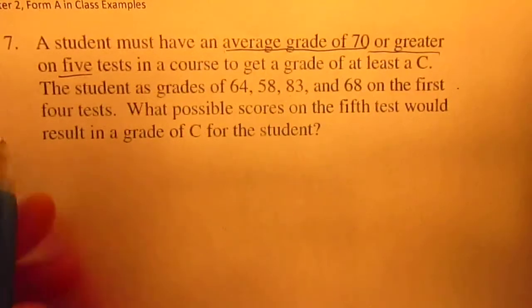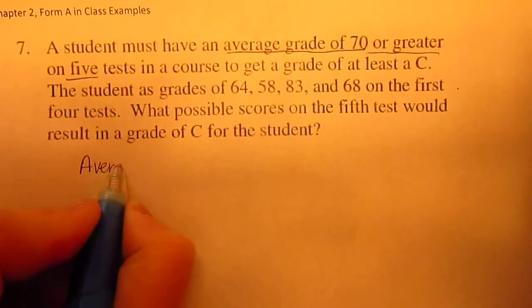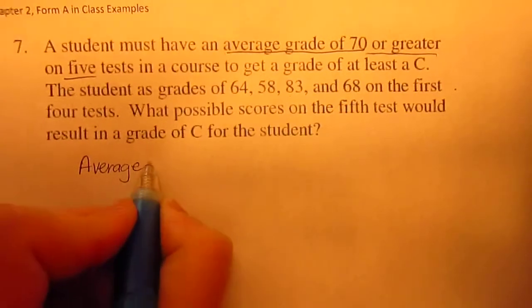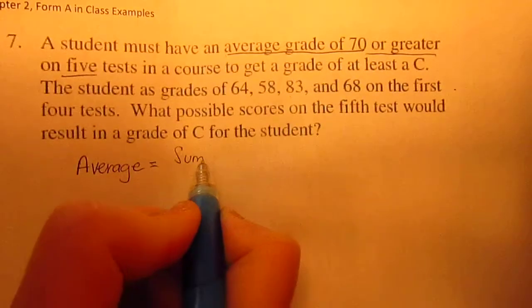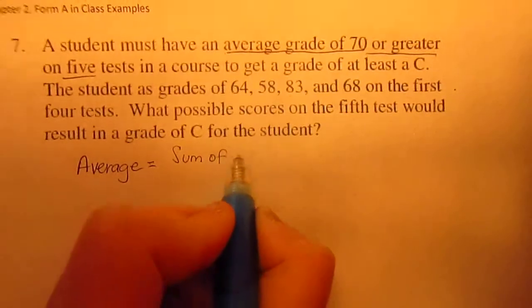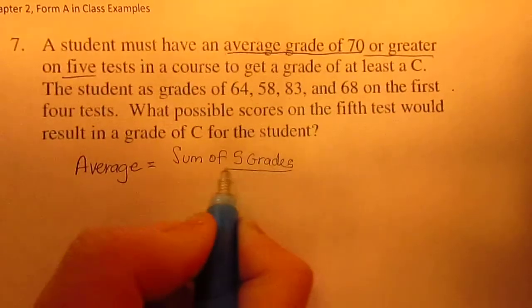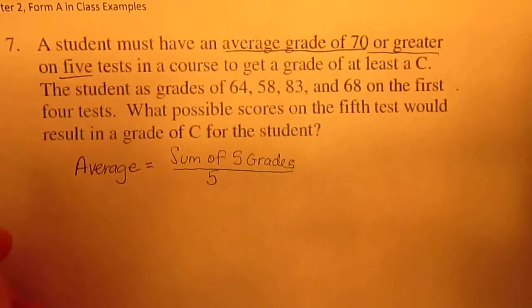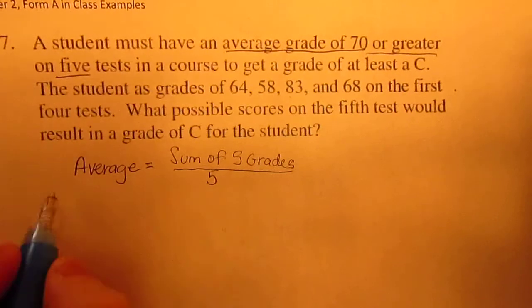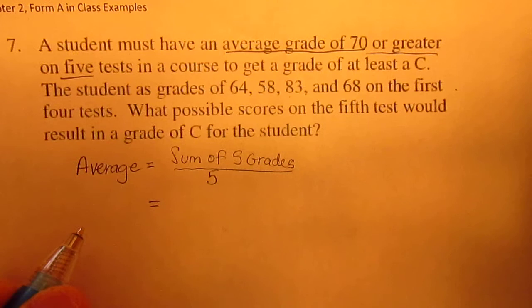So here we've got to kind of recall what an average is. And if I have 5 grades, that average is the sum, or adding up the 5 grades, divided by 5. So far I have the 4 grades, and I don't know the 5th grade.